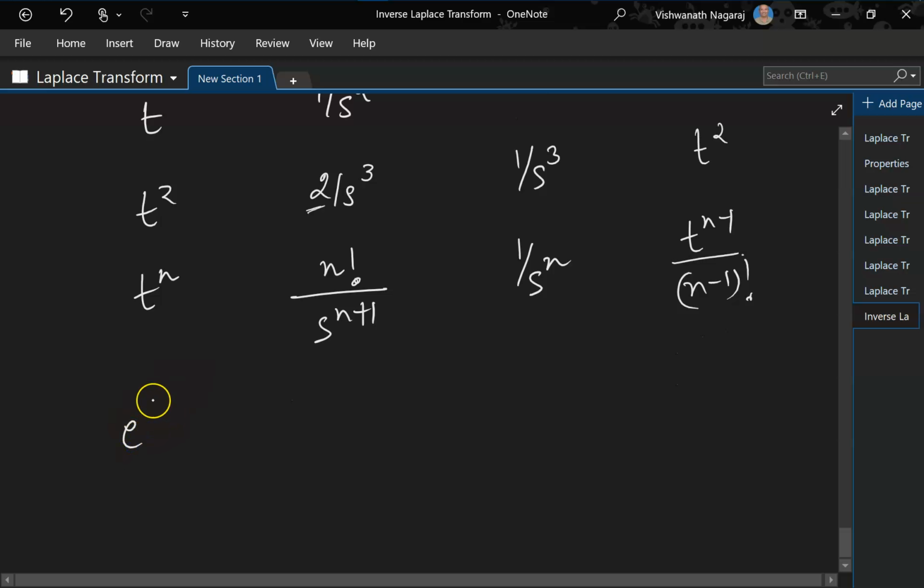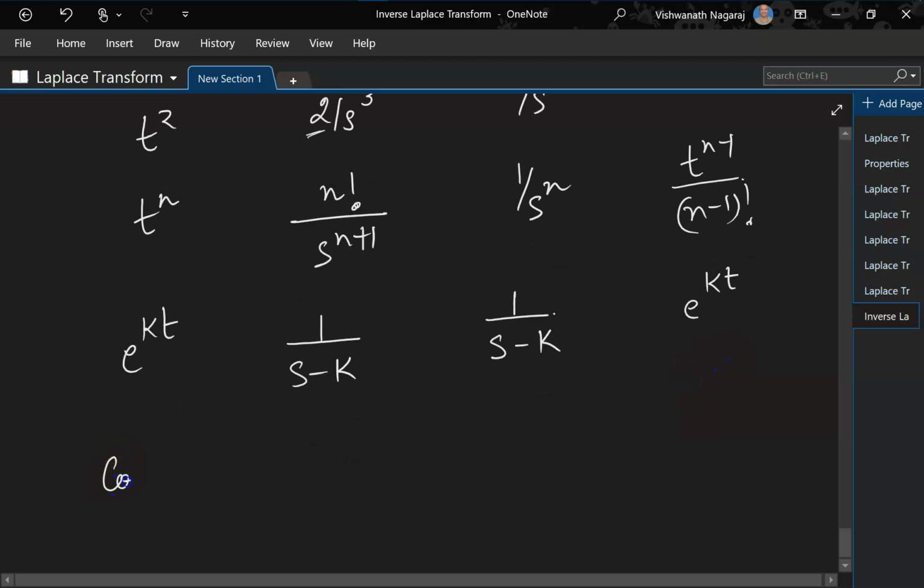If the function is e to the power of kt, its Laplace transform is 1 by s minus k. General form will be 1 by s minus k, and this would be e to the power of kt. If it is cos at, the Laplace transform is s by s square plus a square.